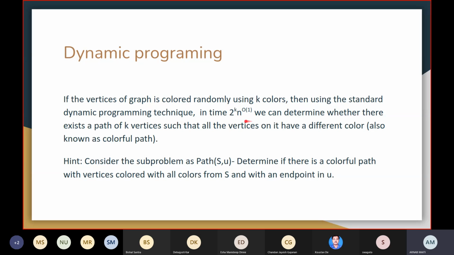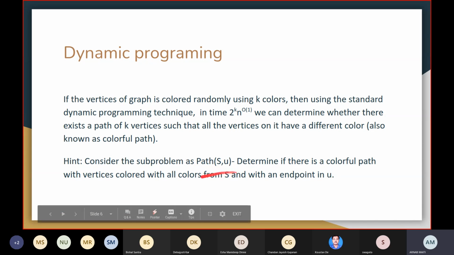So this problem we can solve in time 2 to the power k times n to the power order 1. I'll just give a hint; you can try it later on. The subproblem can be that you have a set of colors S and a vertex U, and you want to determine whether there exists a colorful path that uses all the colors from S and whose endpoint is U. You can use this as a subproblem and develop your recursive formula.